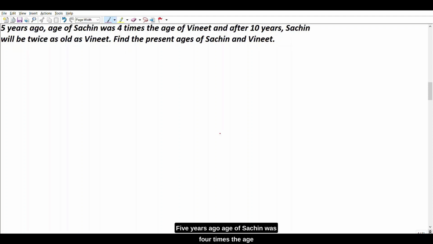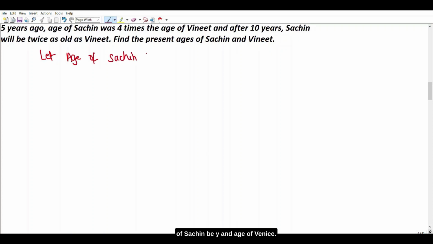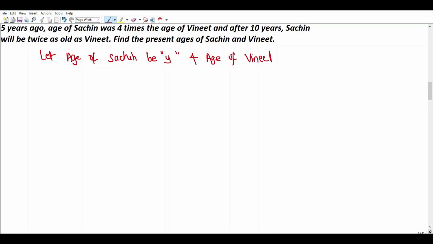5 years ago, age of Sachin was 4 times the age of Vineet, and after 10 years, Sachin will be twice as old as Vineet. Find the present ages of Sachin and Vineet. So from the question we assume that let age of Sachin be y and age of Vineet be x.